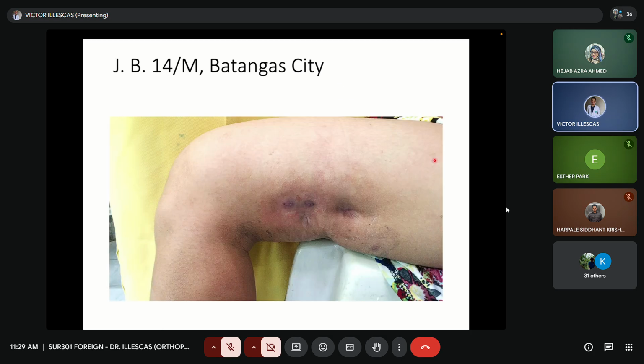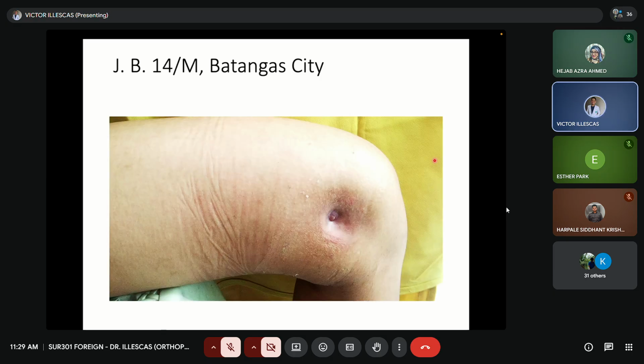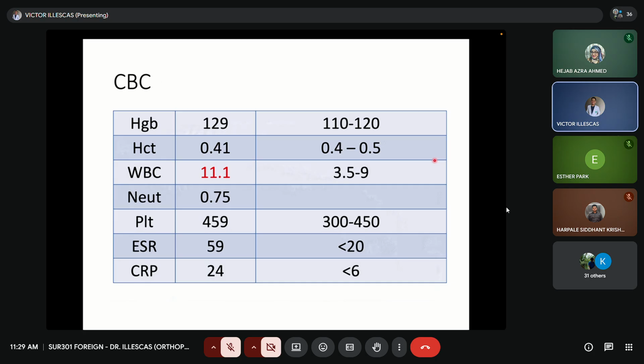These are the pictures of the posterolateral thigh sinuses as well as the medial thigh sinus. We got CBC showing increased WBC. ESR and CRP are also increased, meaning that there is ongoing inflammation happening.